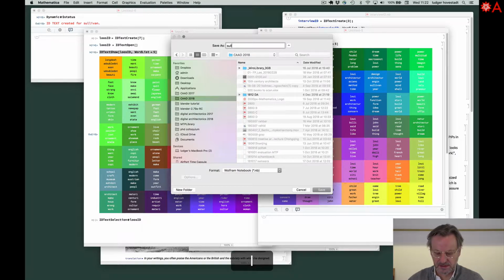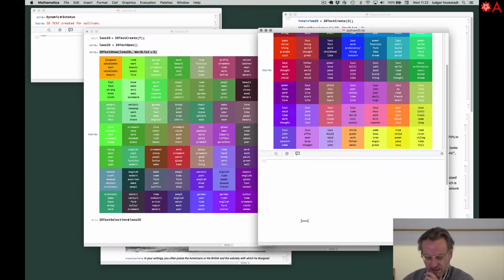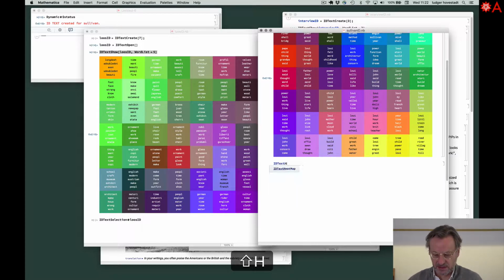Now, let's ask ID text heat map of Sullivan Loos ID.